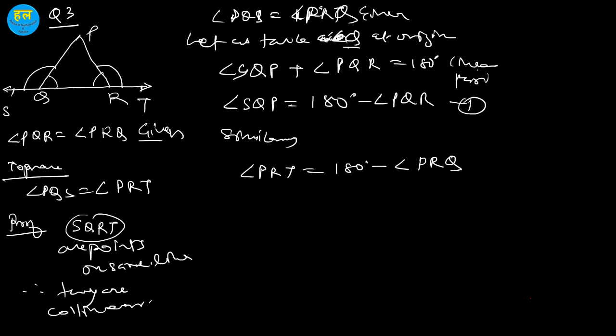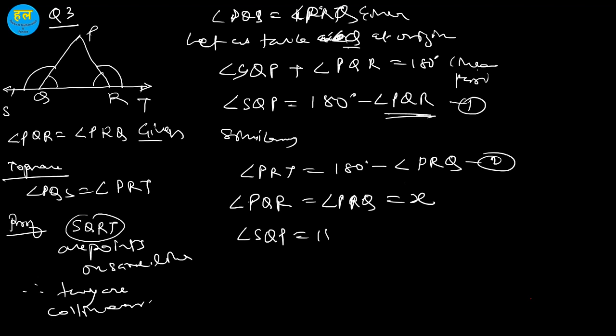Since from equation 1 and 2, let us assume angle PQR is equal to angle PRQ, it is given, is equal to x. So angle SQP is equal to 180 minus x and angle PRT is equal to 180 minus x.